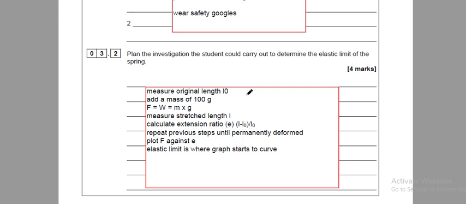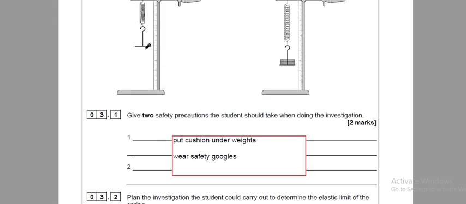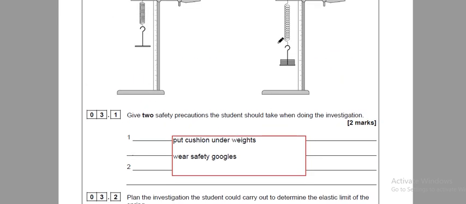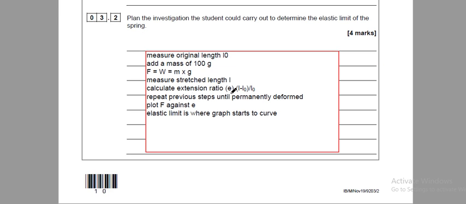Measure the original length L0, add a mass of 100 gram, calculate the force on the spring, which is the weight of the 100 gram, which is 100 gram times g. Measure the stretched length L, calculate the extension L minus L0, or the extension ratio (L minus L0) over L0. Repeat the previous steps until permanently deformed.